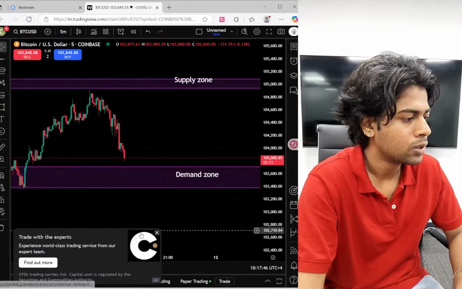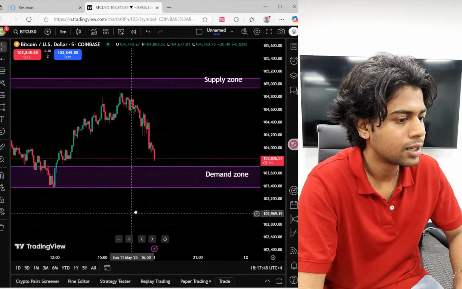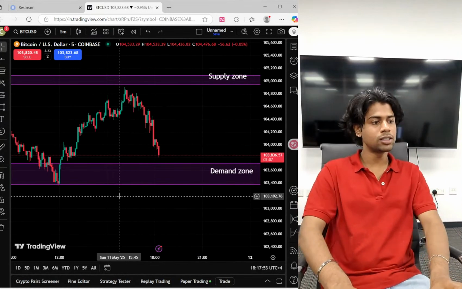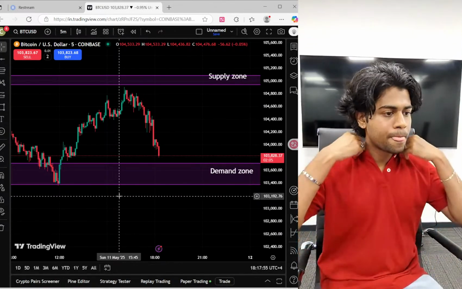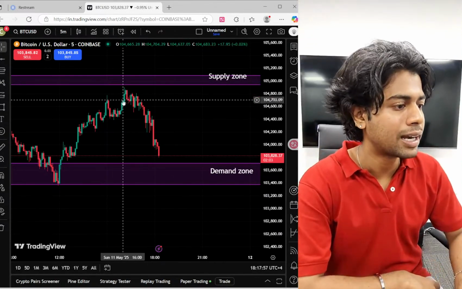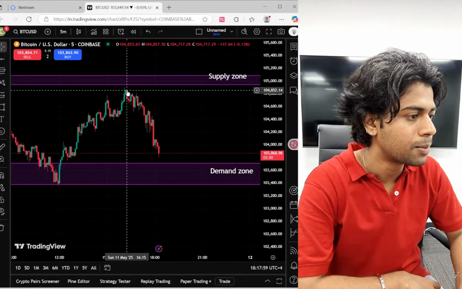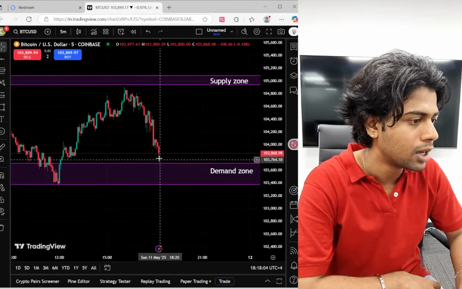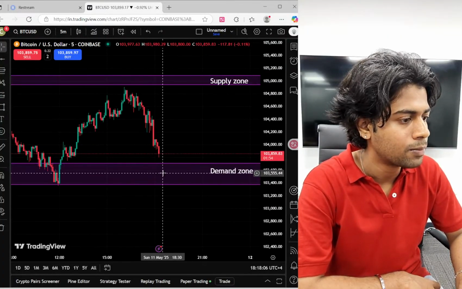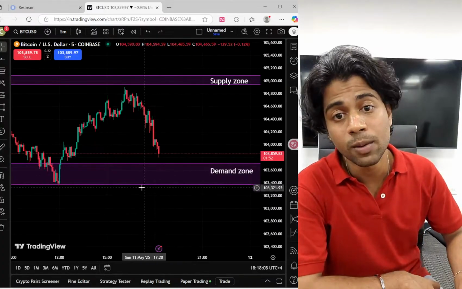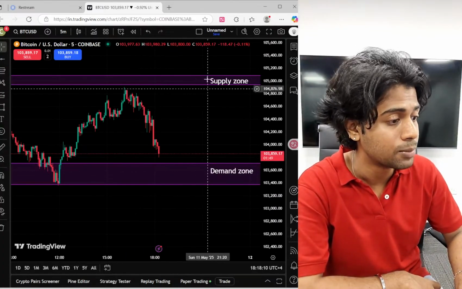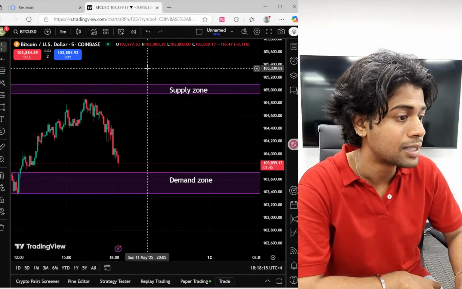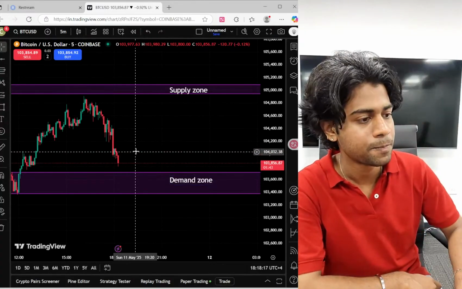Now what we do is wait for the market to give us that exact movement for us to go, because I can clearly see the market tried to test the supply zone, couldn't break it, came down from that, and now again it will come to the demand zone, from where we will enter for the buy side to touch the supply zone again. Maybe this time we can break it, maybe. Let's see.